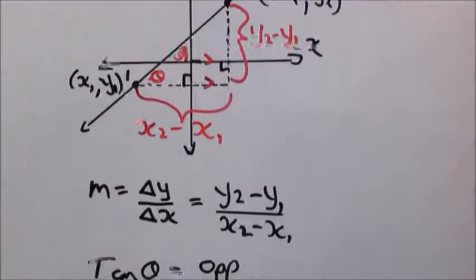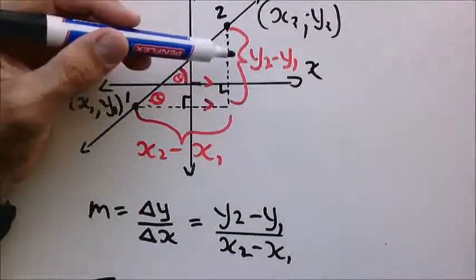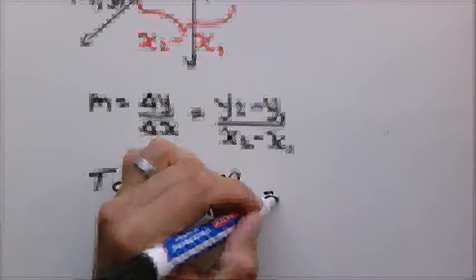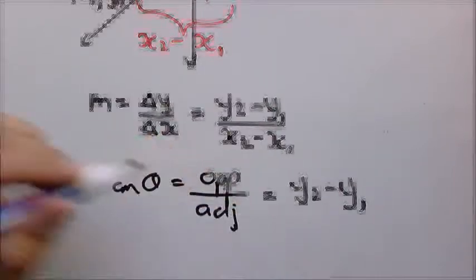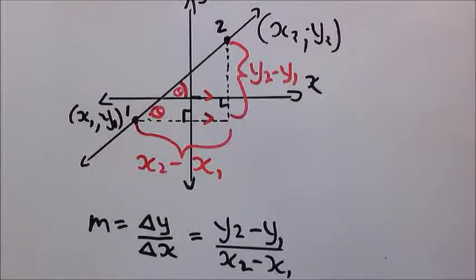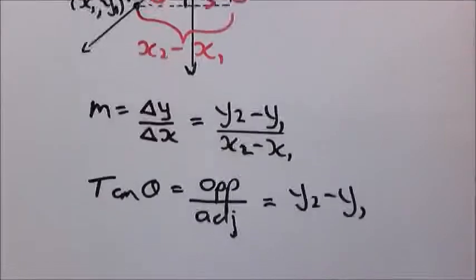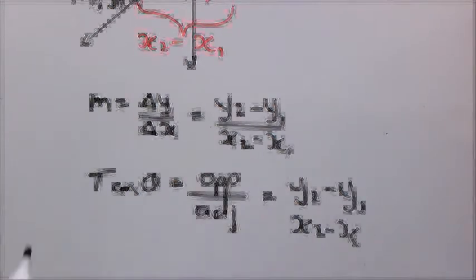Okay, now let's look at this triangle. Which side is opposite theta? It will be y2 minus y1. And which side is adjacent to theta? Well, x2 minus x1.